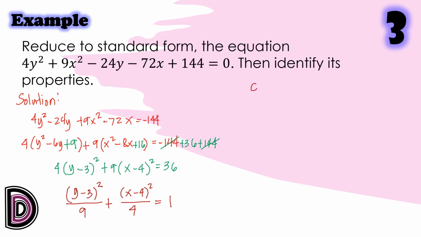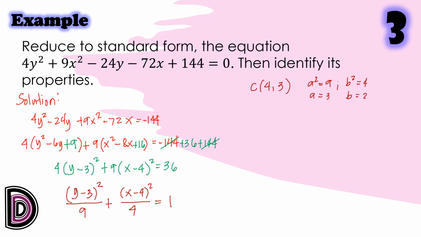The center from the standard form of the equation is at 4, 3. Also, from the standard form of the equation, we have a squared equals 9, then a equals 3. B squared is equal to 4, then b equals 2.